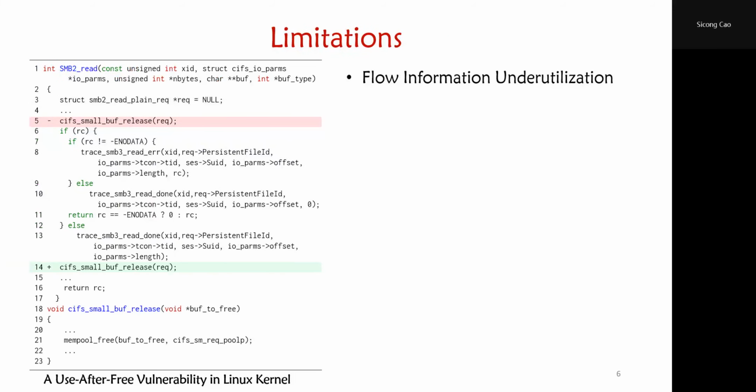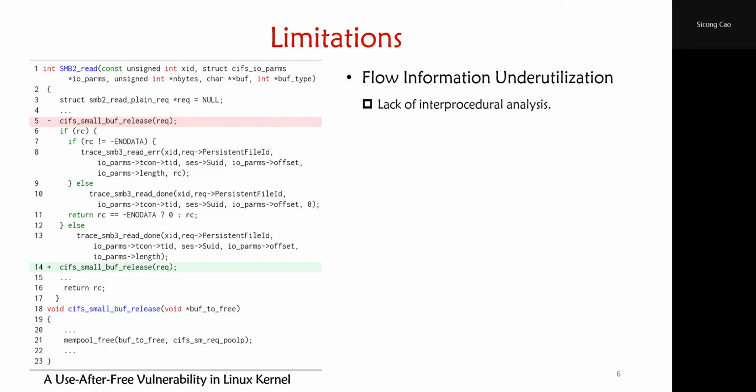However, the existing deep learning-based approaches suffer from two limitations when applied to memory-related vulnerability detection, as described below. First is flow information under-utilization. Due to the lack of interprocedural analysis, most deep learning approaches take the function-level vulnerable code as input to extract vulnerability features.